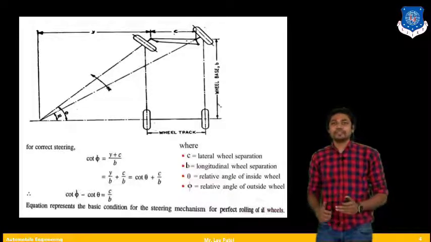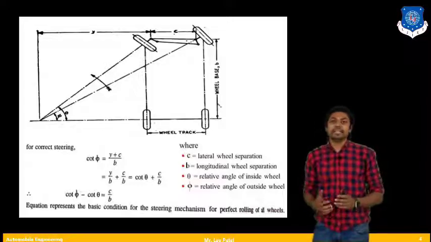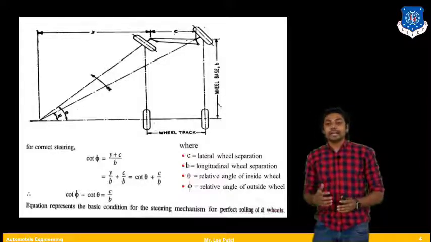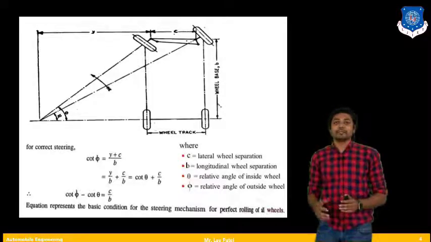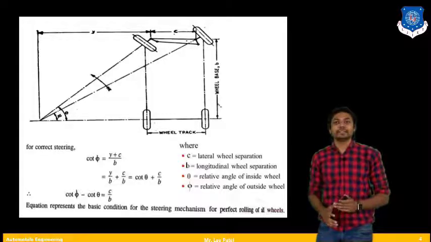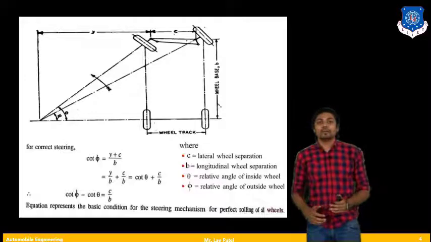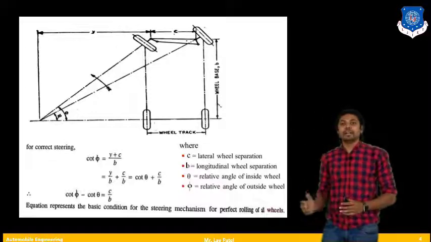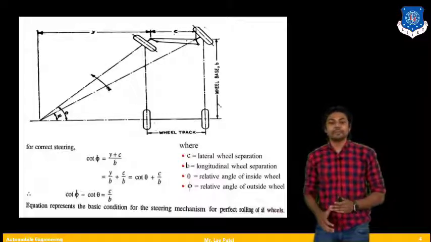Also there are several parameters: b is the wheelbase, c is the lateral wheel separation between the front two wheels, and there is also the wheel track. Based on this geometry, with the help of geometrical and mathematical steps, we can say that cot phi is equal to (y + c) / b.